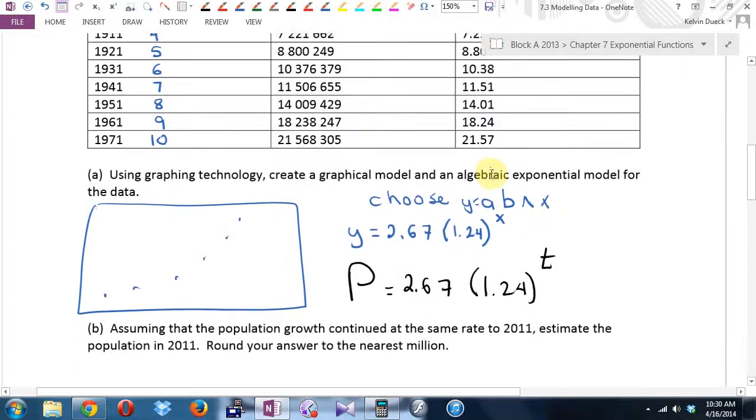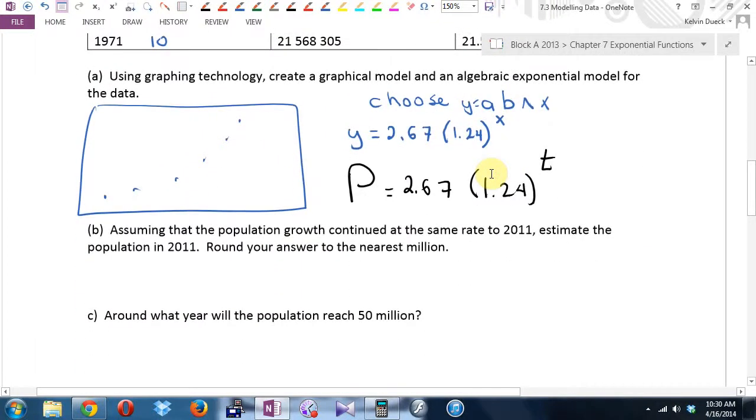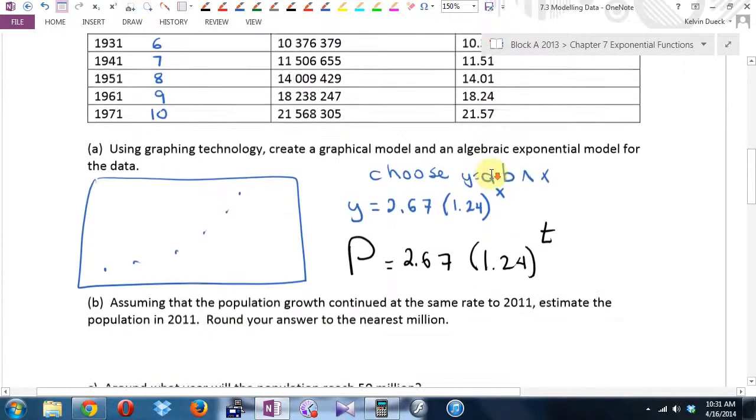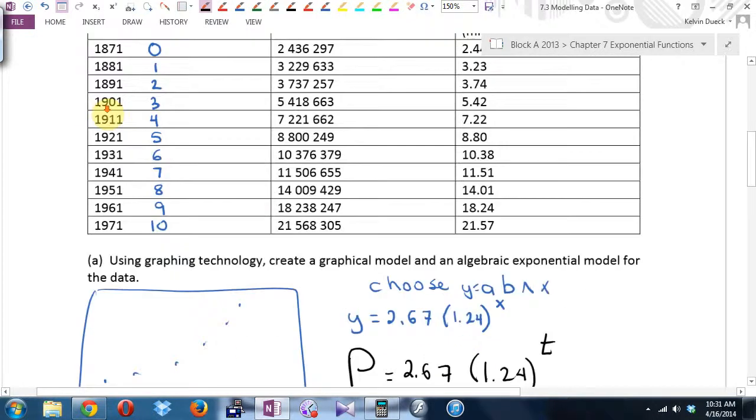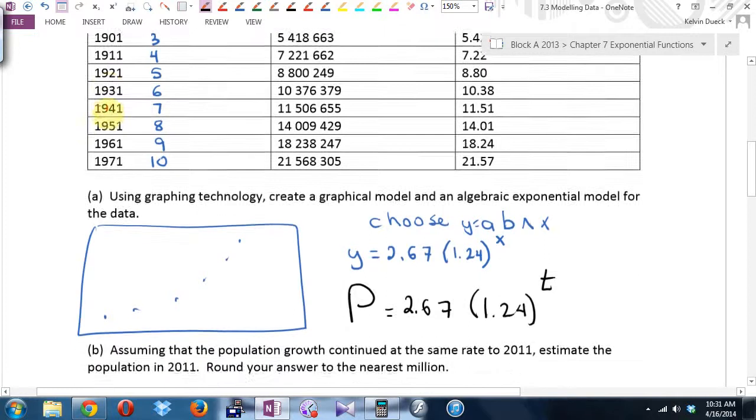We have our equation. B says, assuming the population growth continues at the same rate to 2011, estimate the population in 2011. Now, 2011 would be what year number? If we started out in 1871 with year 0 and we're going up by tens, let's just continue the pattern here.